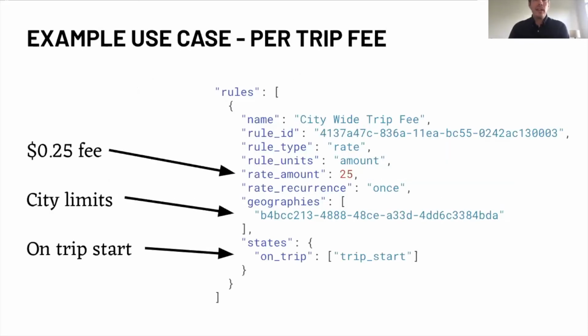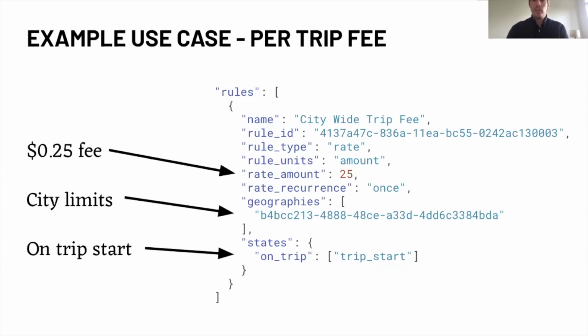I'll give a quick example of a per trip fee. So this is getting a little wonky here. We're looking at the policy JSON. You can see near the top, the rule type is set to rate. The rate amount is set to be 25. So in this case, this would be a 25-cent per trip fee. The rate recurrence is once, so this would be applied one time when the trip starts.